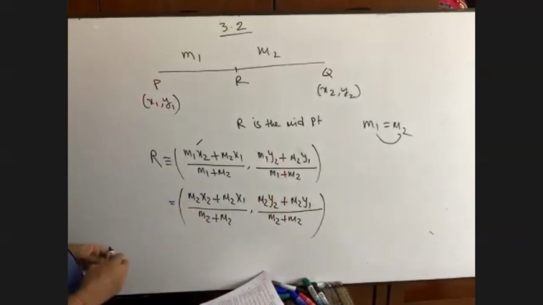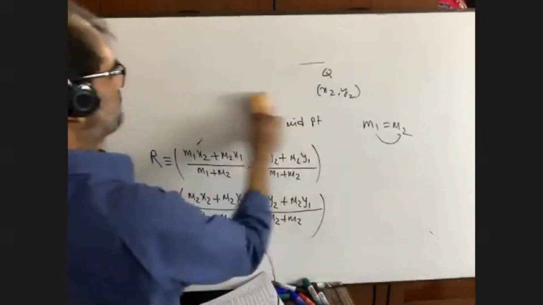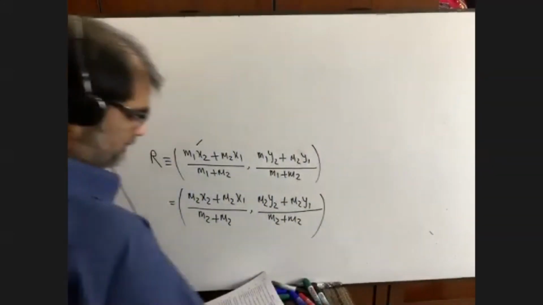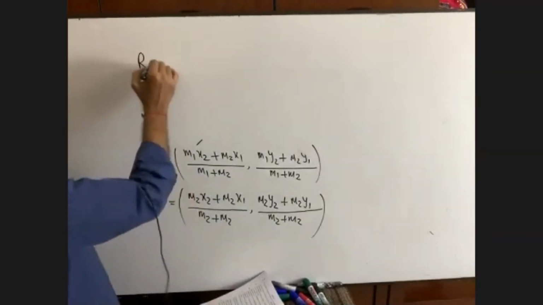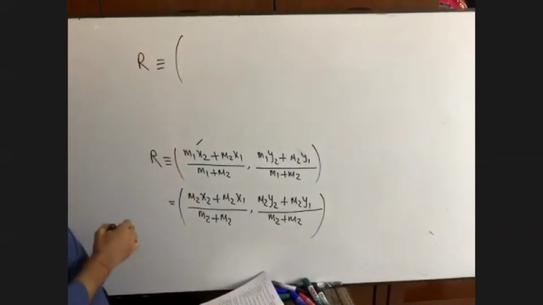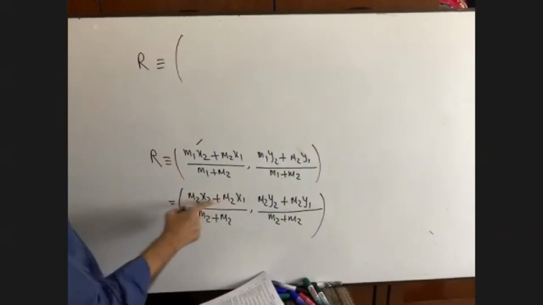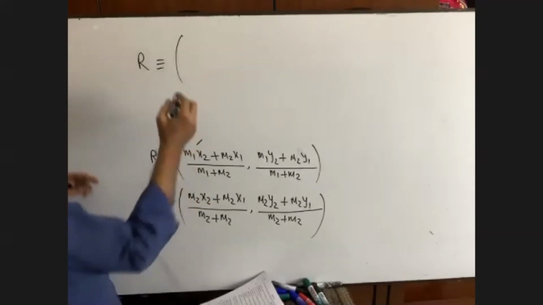Now if we calculate it, we'll get the coordinates of R. You see here M2 can be taken common, right? And here there will be 2 M2.